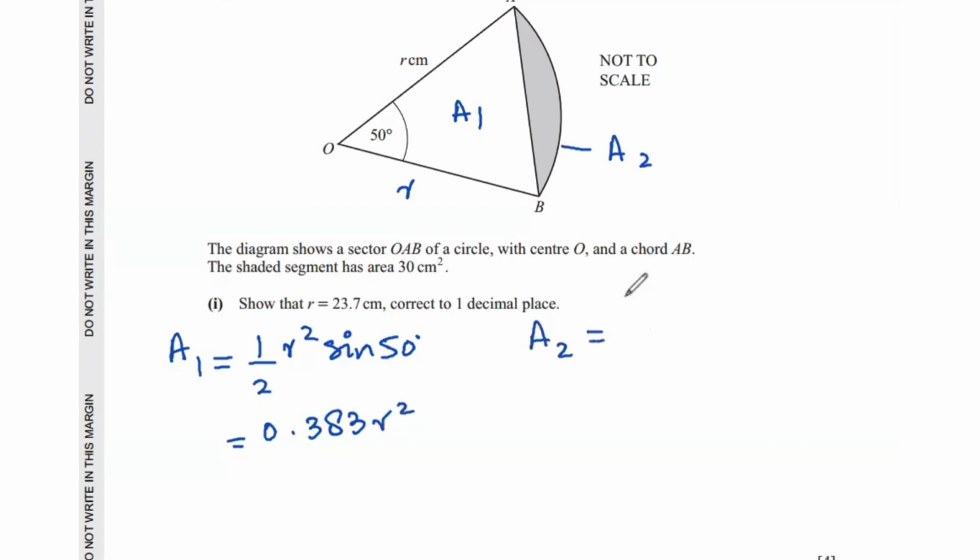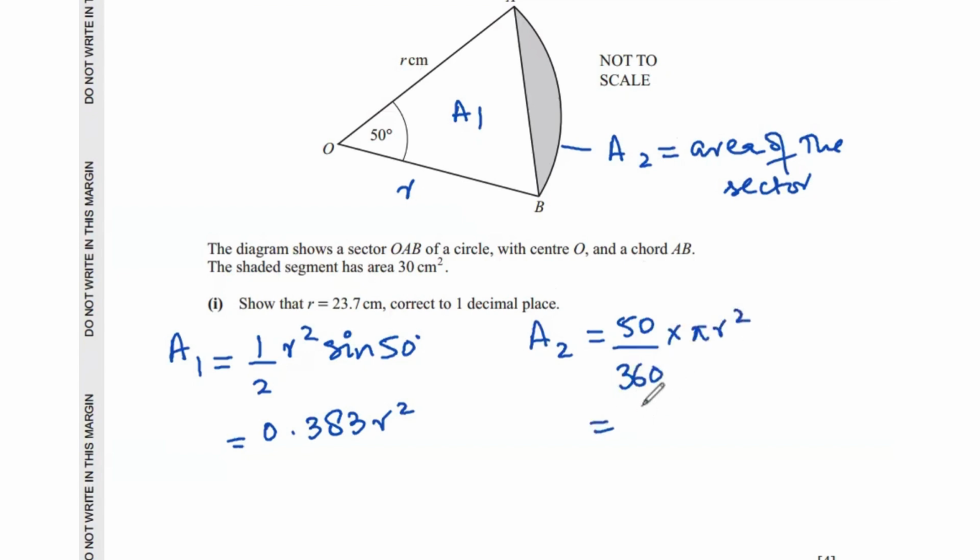Now A2 would be the area of the sector. So that's 50 over 360 times pi R squared. So 50 divided by 360 times pi, that's 0.436 R squared.